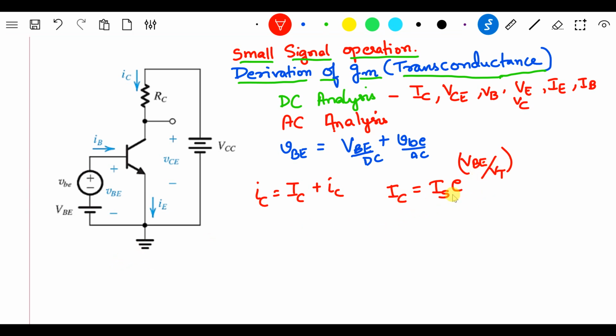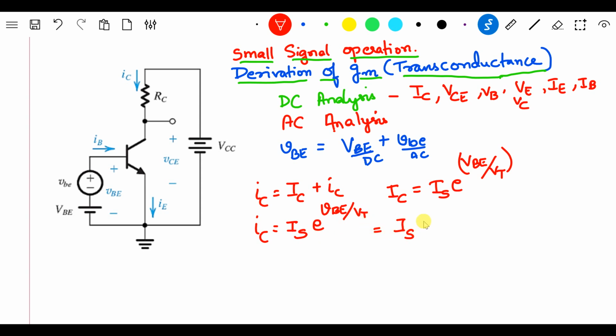When I write the same equation in terms of instantaneous current, IC is equal to IS into e power the instantaneous VBE divided by the thermal voltage VT.